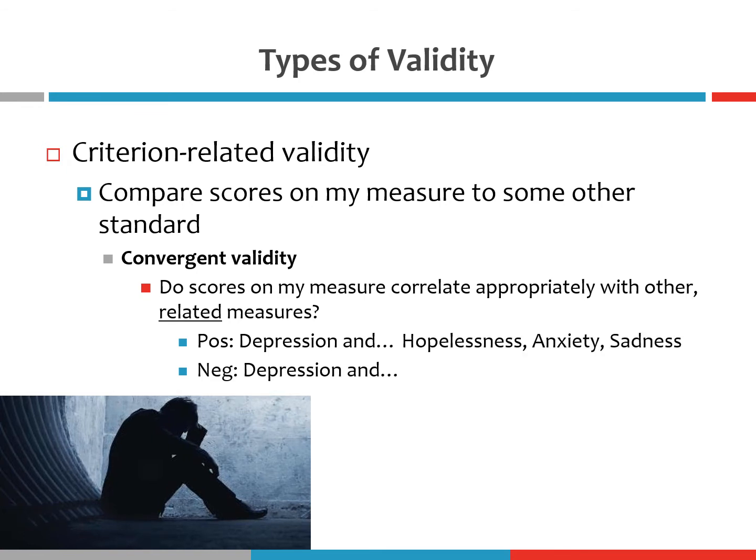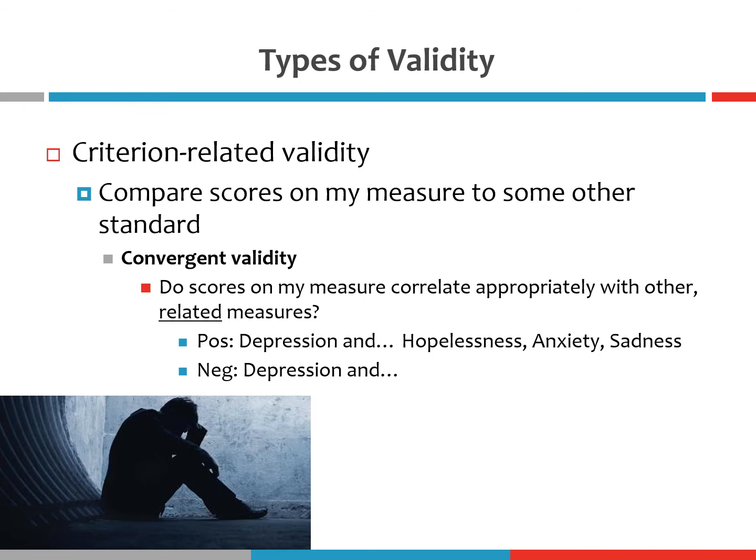Okay, so we have our depression instrument, and for example, hopelessness, anxiety, sadness. We would compare scores on our new depression questionnaire to scores on other questionnaires measuring similar or related constructs, right?